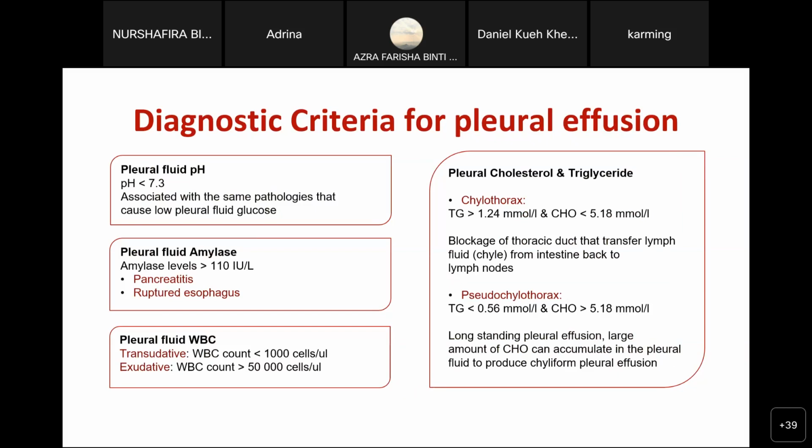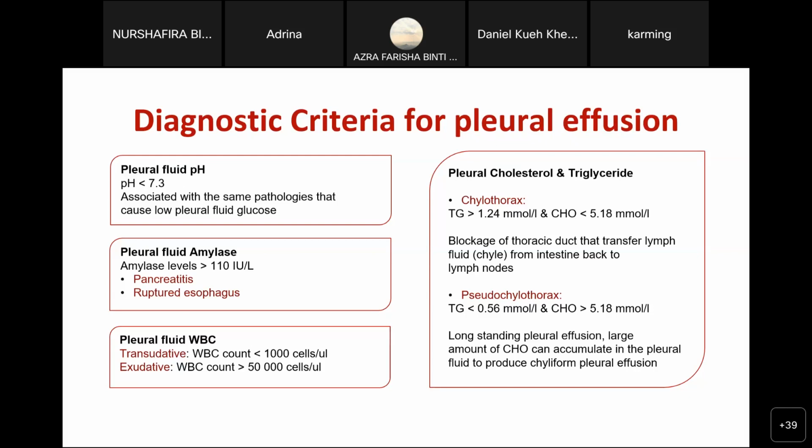Actually, they will give each station 10 minutes, and either you will have a simulated patient, or you are given, for example, a picture, chest X-ray, ECG, or even a pleural fluid result, and then you have to interpret. They will give you a short summary, for example, 70 years old, a layman, active smoker, background history of diabetes and hypertension, presented with shortness of breath. How do you approach this patient?